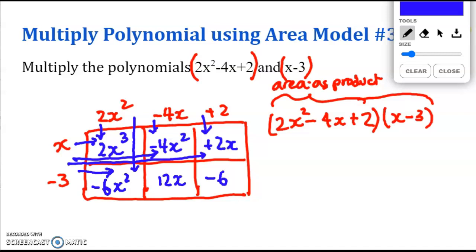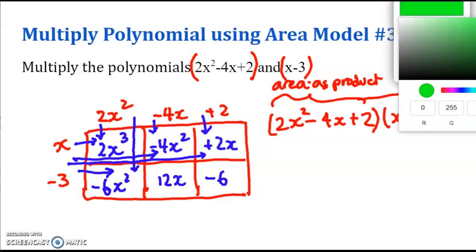Okay, now we're not done. We still need to combine like terms. So we have 2x cubed minus 4x squared plus 2x minus 6x squared plus 12x minus 6. Do you see any like terms? Hopefully you see these two like terms. We have another set of like terms right here. So when I combine 2x plus 12x, I get 14x.